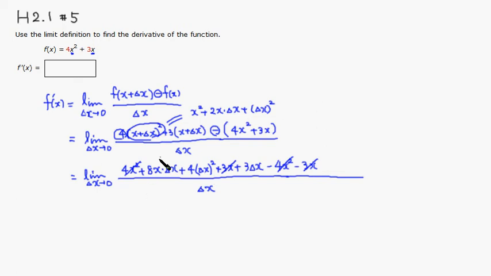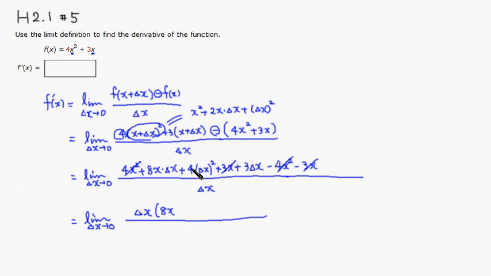All right, then you have 3 terms left over, and you will notice that all 3 terms on top have delta x in them. So I'm going to factor out delta x first. You have 8x delta x. If you factor out delta x, you're going to have 8x left. The second term is 4 delta x squared.